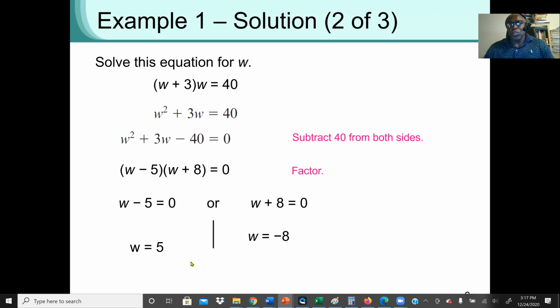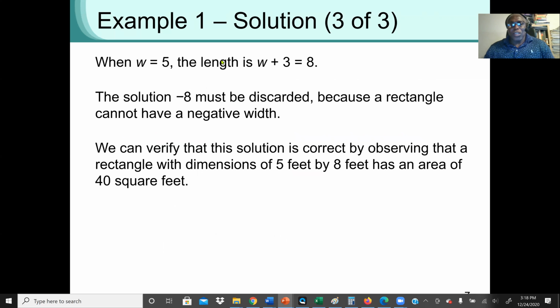Based on the question, the length exceeds the width by 3. So our final solution is that the width is 5 and the length is 8, because W plus 3 gives me 8. Again, negative 8 we are going to discard, because a measurement cannot be a negative value.